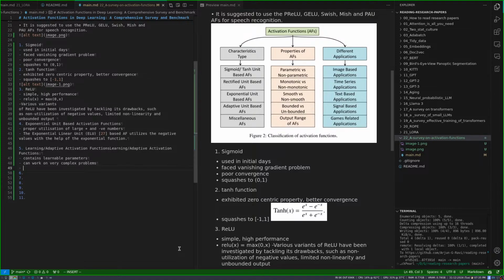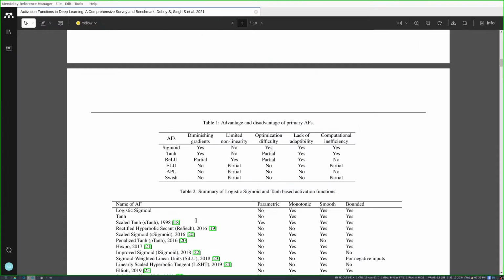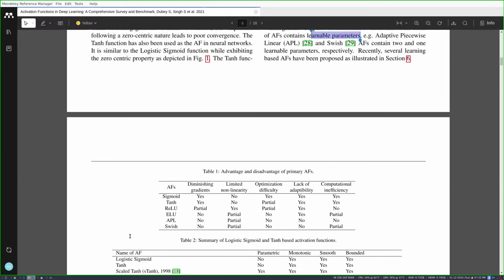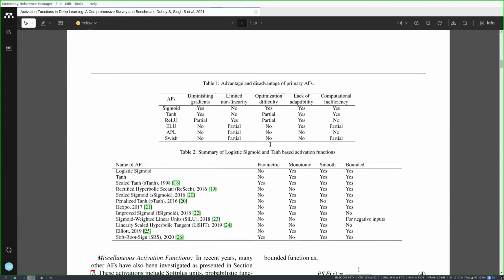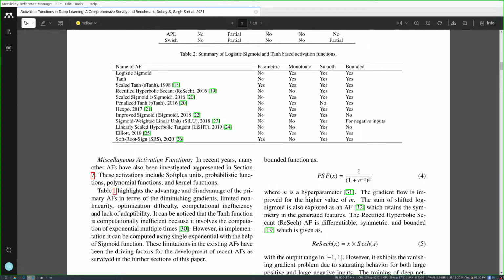More expensive. Okay, so we skip that now. Miscellaneous.